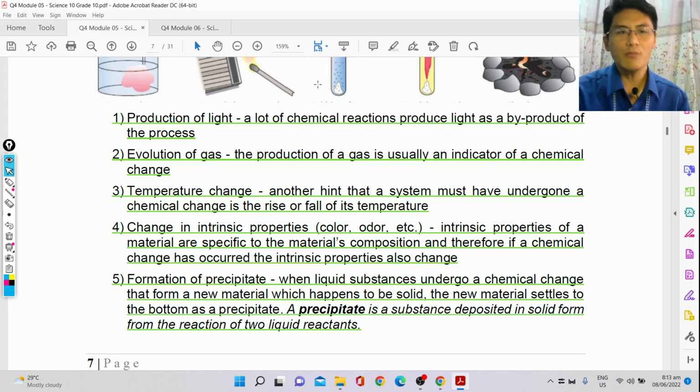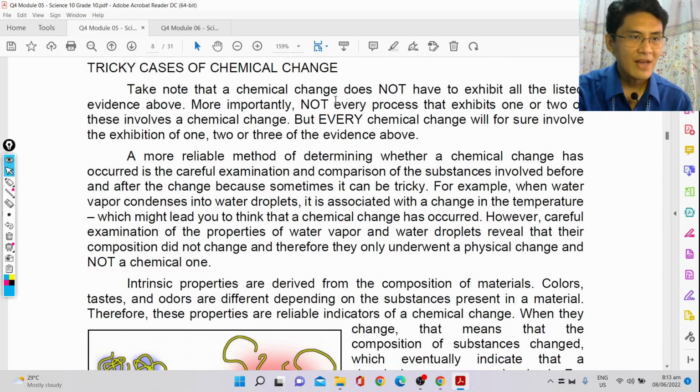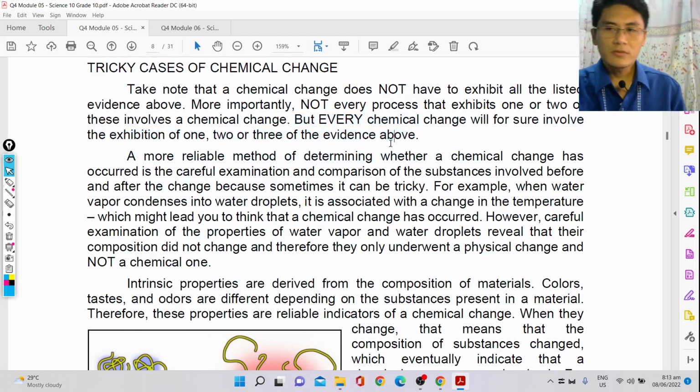But what is even more confusing is, even if something displays one or two of them, it doesn't necessarily mean that it is already a chemical change, right? So not every chemical change will for sure exhibit one or two or three of the evidence above. So, sir, it's kind of useless then.